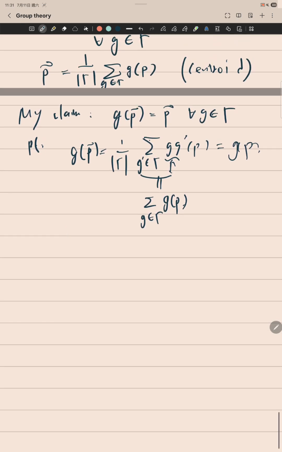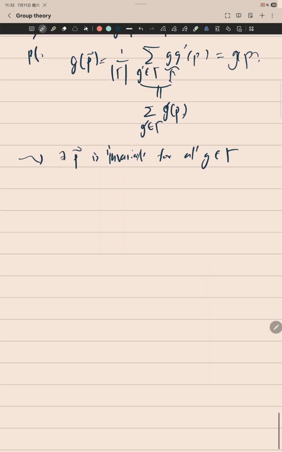Okay. So this is G prime, this is GP. It means that there is this point which is invariant for all G in gamma. So now we can use the trick.